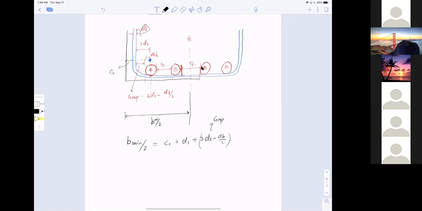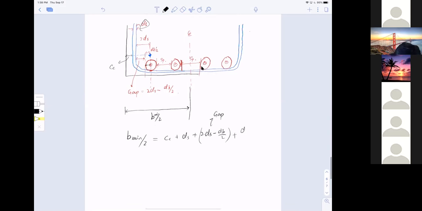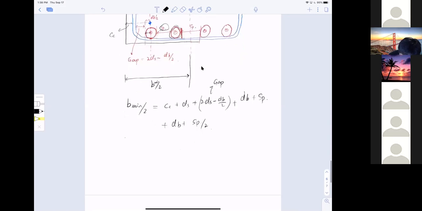And plus, remember, the bar, I still have the whole bar, db. And plus the spacing, and plus another bar, and then half spacing. And then the whole B is equal to 2 times this.